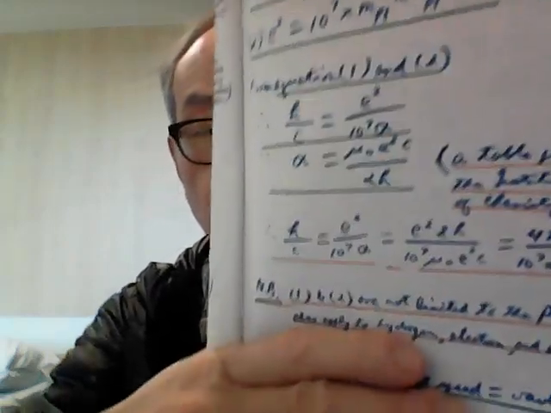Therefore, from equation 1, we get lambda is equal to radius is equal to h bar divided by mc, the mass times the light speed.